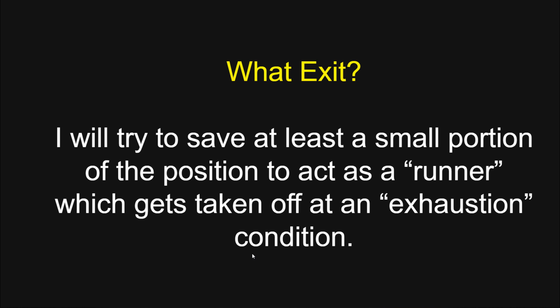I'll try to save at least a small portion of the position to act as a runner. So maybe if you're able to trade in threes, it may not be necessarily that bad. Again, if you're trading 3 contracts, that's okay. You're able to do that even if you have a small account because the premium on those options that are way out of the money may be relatively cheap.